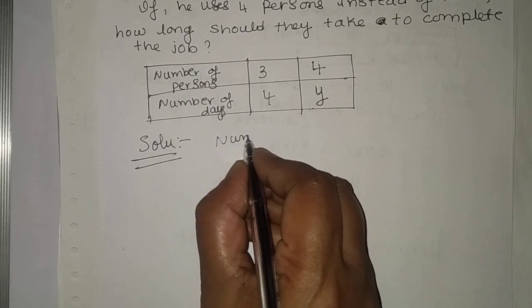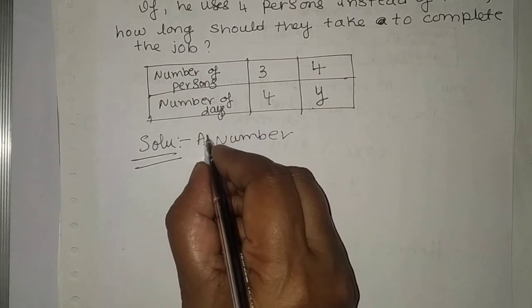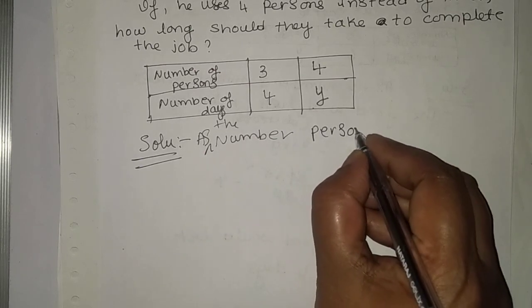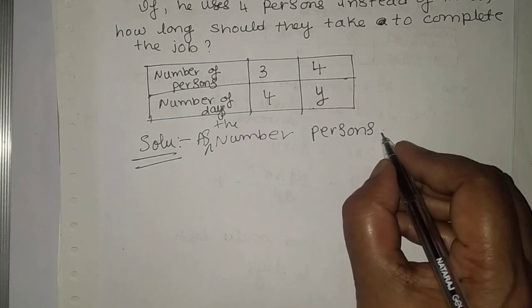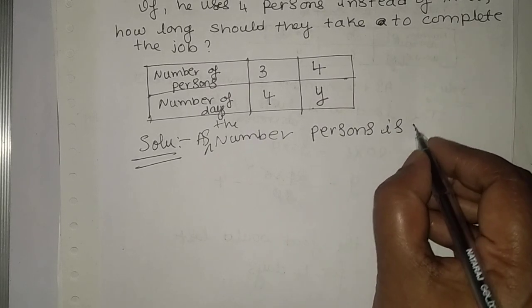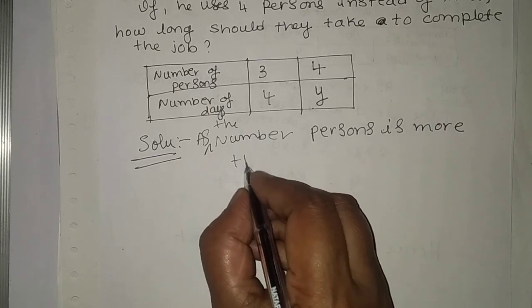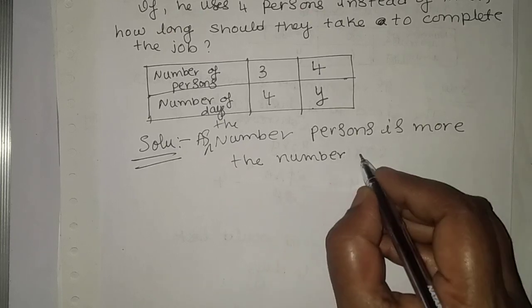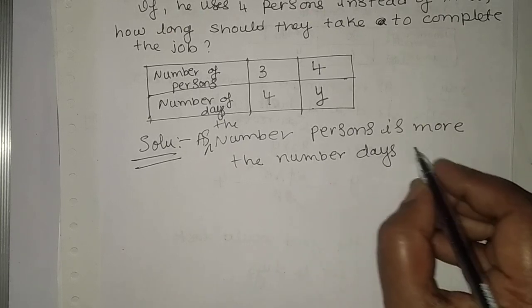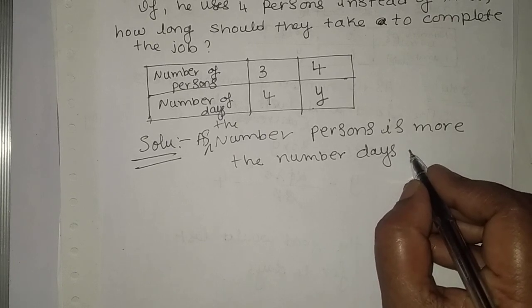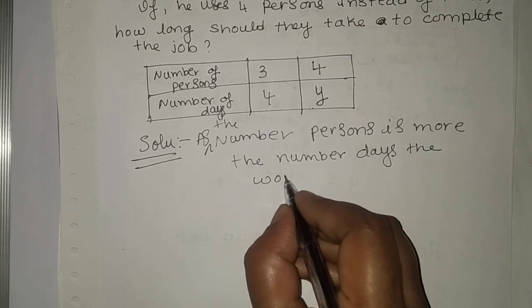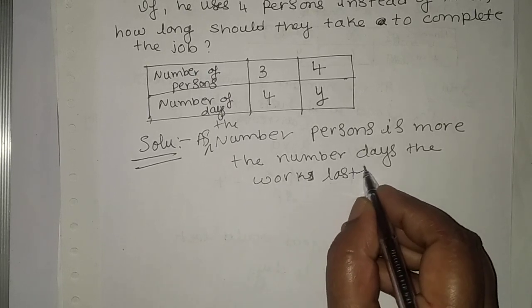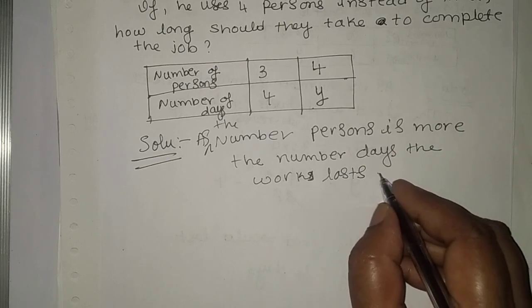As the number of persons or workers increases, the number of days the work will take to complete decreases.